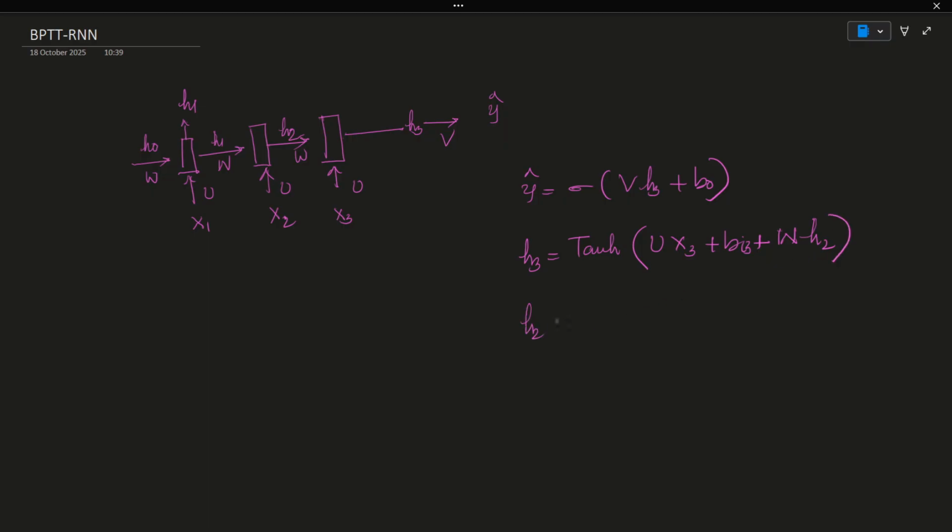And h2 is a function of U x2 and also a function of h1. And h1 is a function of h0.